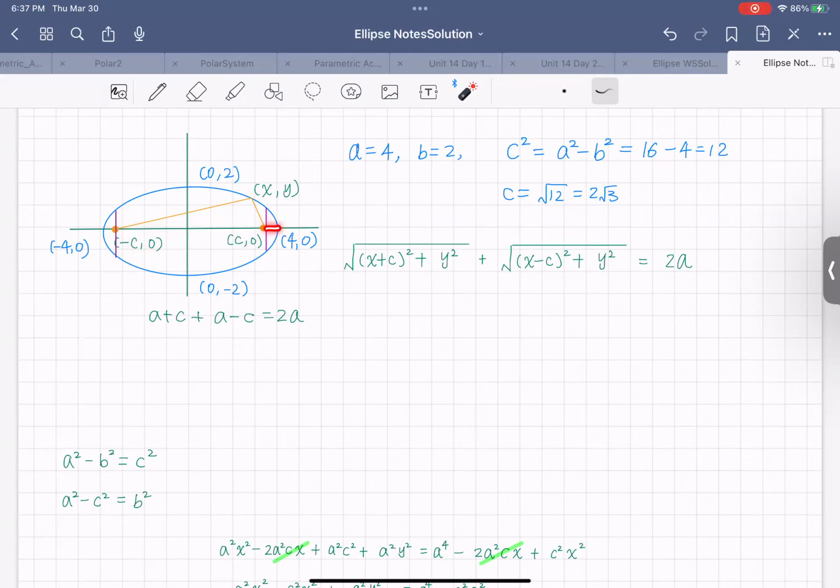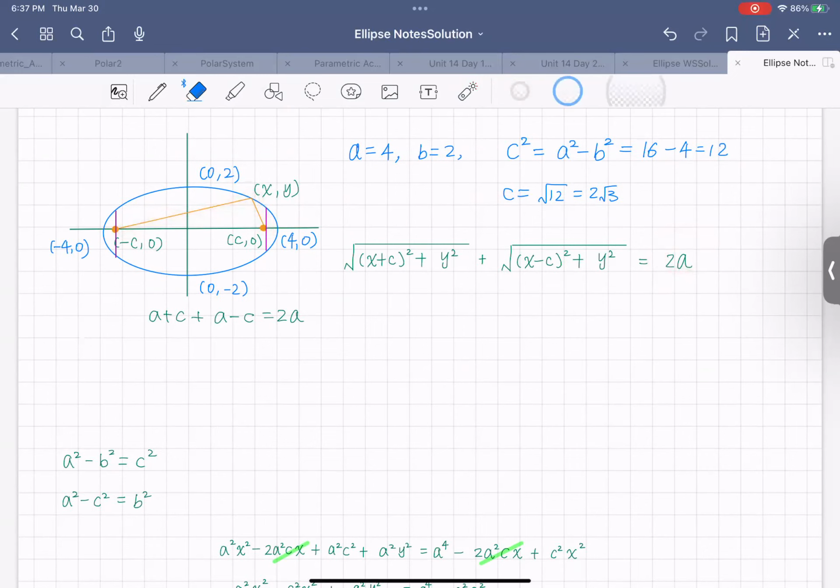From here to here, this total is a, this piece is c, so this small piece is a minus c. A minus c plus a plus c equals 2a. So the definition of the ellipse is any point on this ellipse, the distance to here plus the distance to here equals this constant 2a.